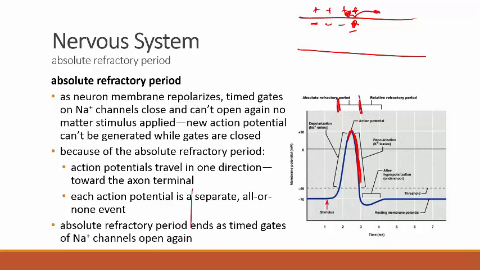It can only travel forward because this portion of the membrane is in the middle of the absolute refractory period. And as the time-sensitive gates on the sodium channels begin to open again, that now allows the opportunity for an action potential to be generated in this section once more. But by that time, this action potential would have already spread down to this section of the membrane, and so there's no chance of it trying to stimulate something that's this far back upstream.